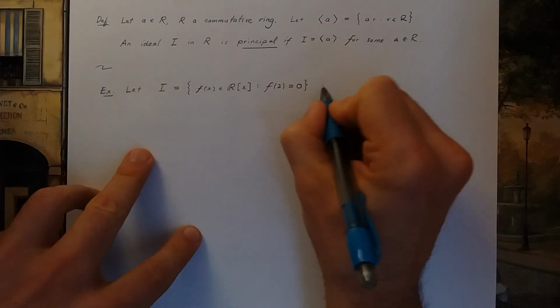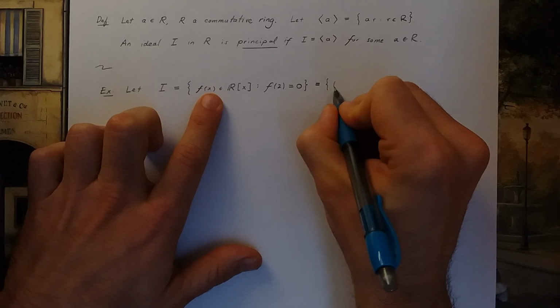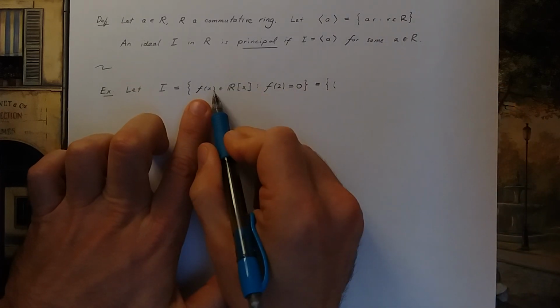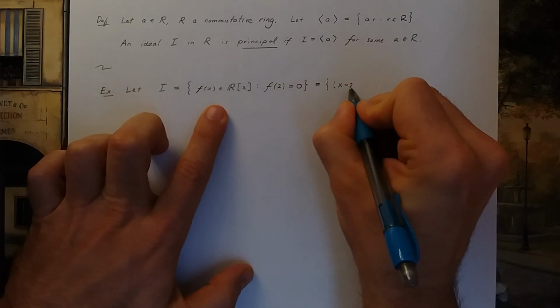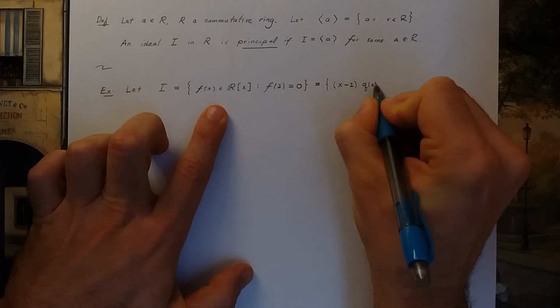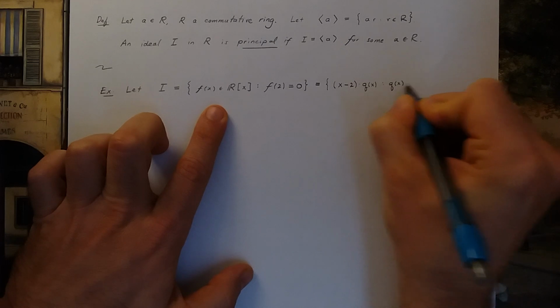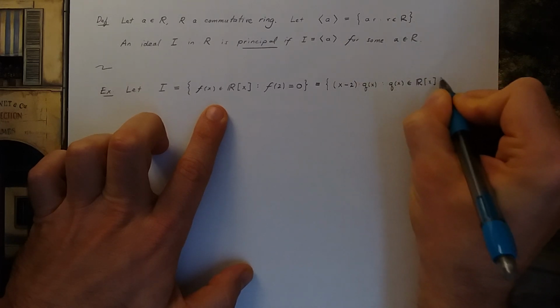Well, this is really the ideal where we've seen if 2 is a 0 of your function, then your function f can be expressed as x minus 2 times some other q of x, where q of x is in your polynomial ring.